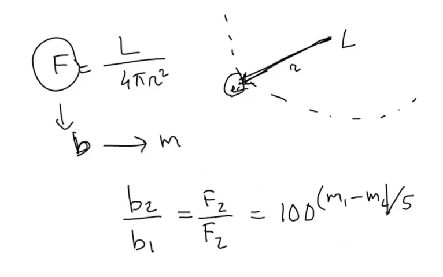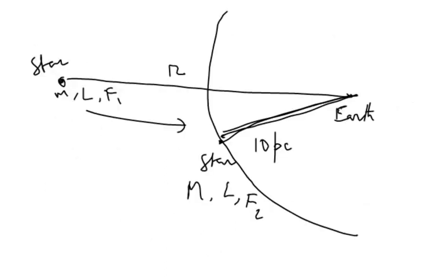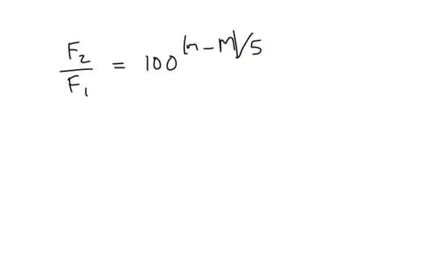Yes, if we use this relation, then we can write F2 divided by F1 is equal to 100 to the power small m minus capital M divided by 5.